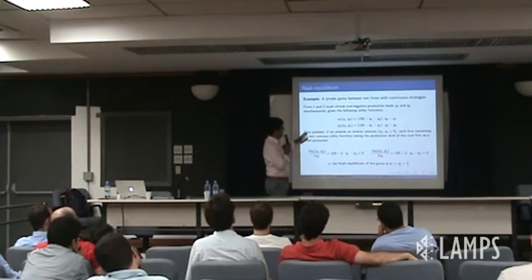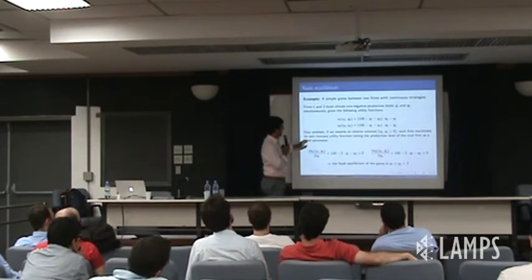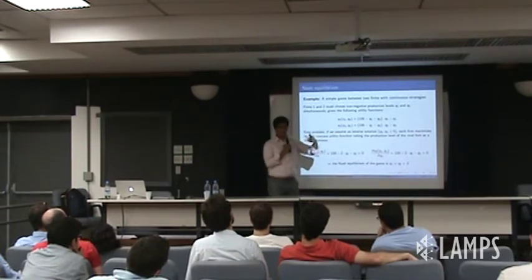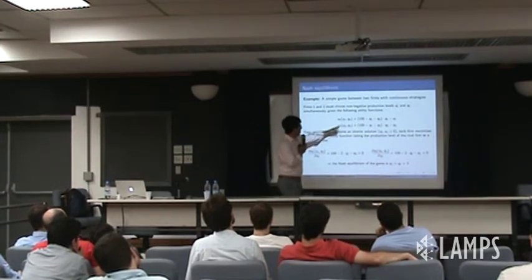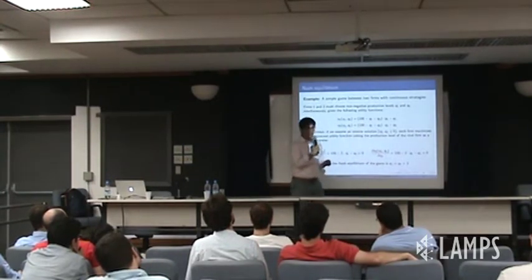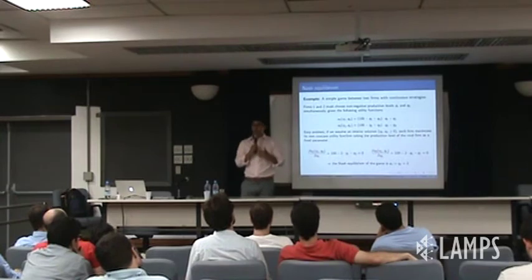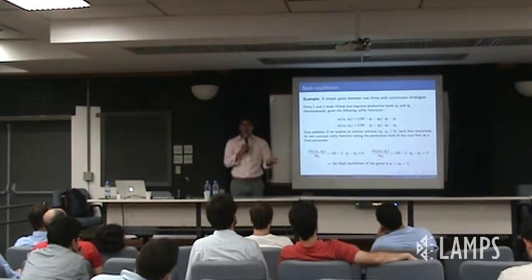Easy. Easy problem if we assume an interior solution, right? How do we maximize this? We just take the first order condition, do the derivative with respect to Q1, Q2. We get two equations, two variables. I find Q1 and Q2. Okay?